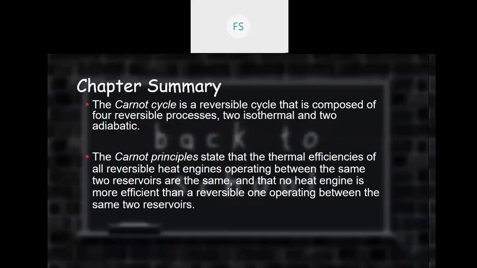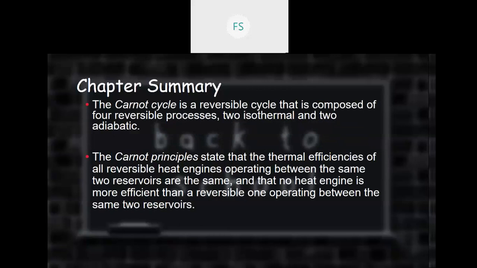Then the Carnot cycle is a reversible cycle, in brackets, ideal, that is composed of 4 reversible processes. The first two are isothermal heat transfer, and the other two are adiabatic expansion and compression processes: reversible adiabatic expansion and reversible adiabatic compression.